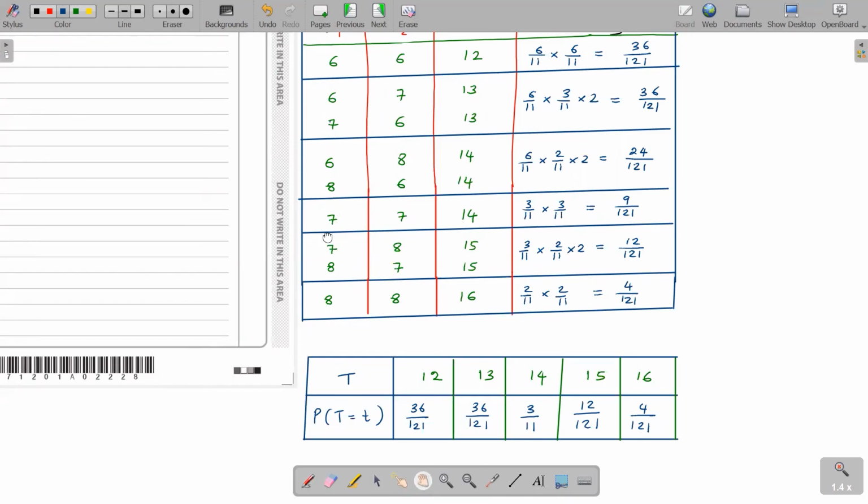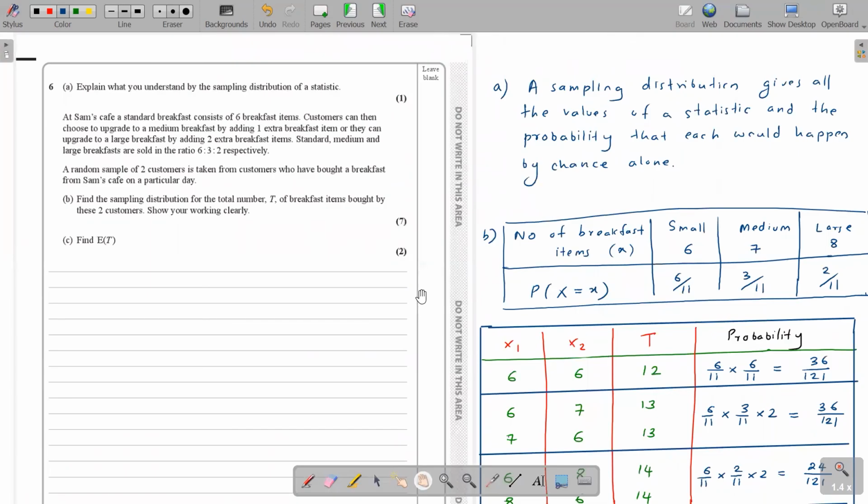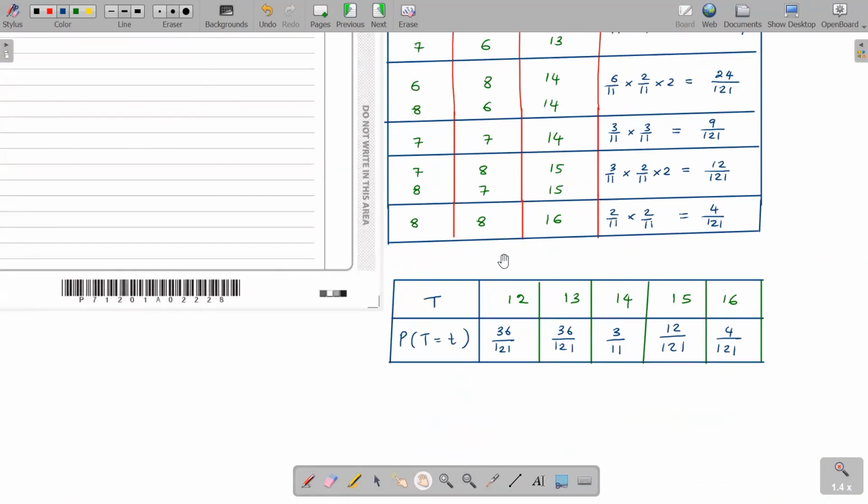Okay, then the next one they ask you, find E of T, the expected value of T. So how do we get the expected value?